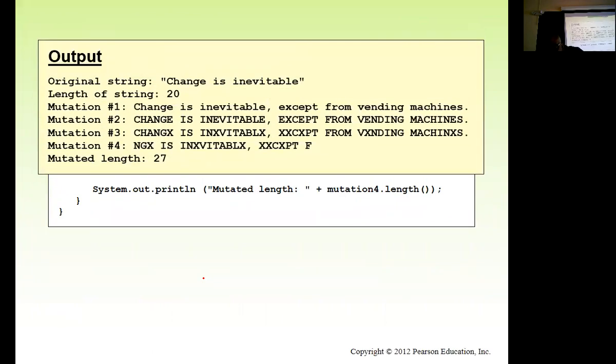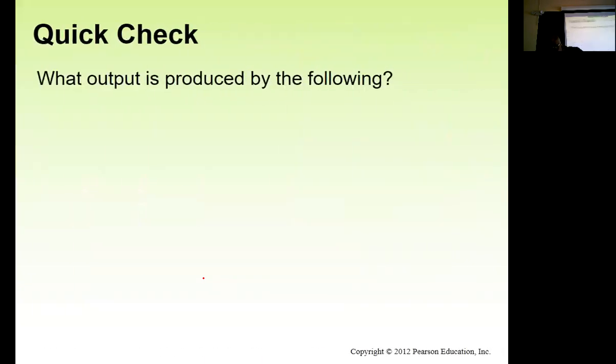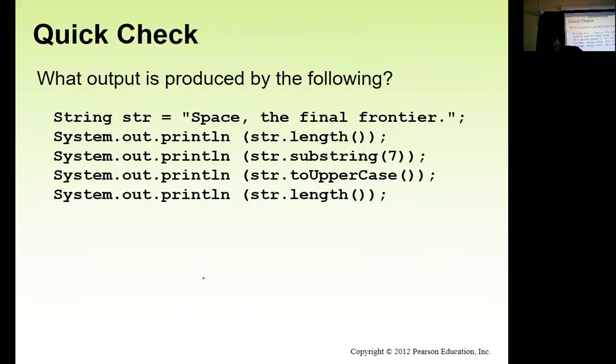And as you would see here, the original string is "Change is inevitable", the length is 20. Then mutation1, 2, 3, and 4, removing the E's and then replacing them with X, and then taking out the different parts. Now, that's just an example of what you can do with strings. It's not meant to be exhaustive.